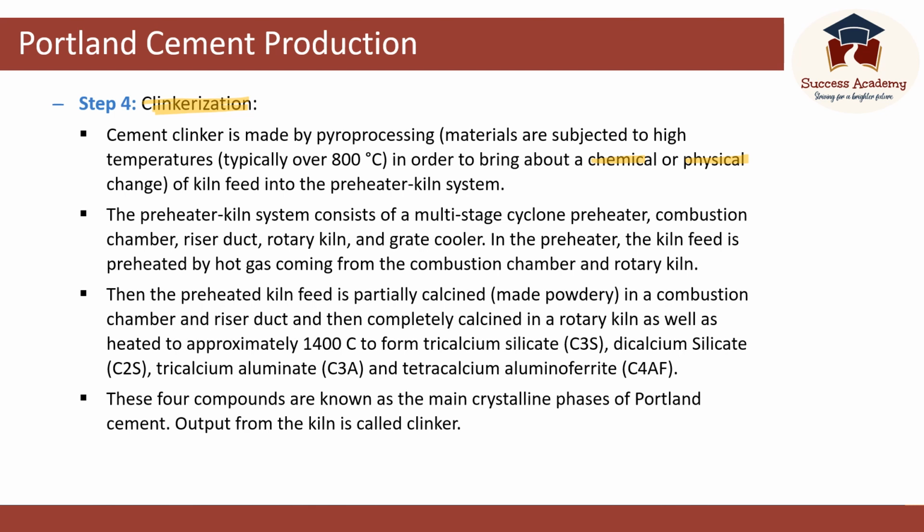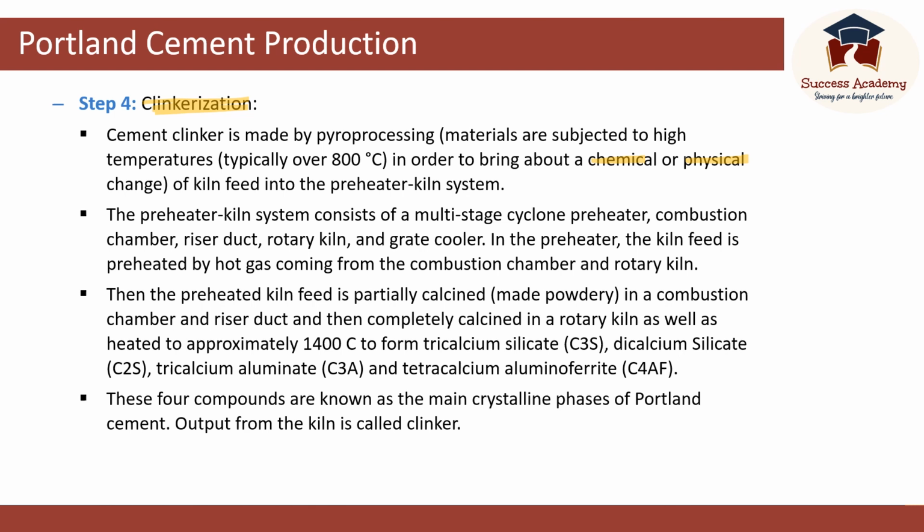In the preheater, the kiln feed is preheated by hot gas coming from the combustion chamber and the rotary kiln. Then the preheated kiln feed is partially calcinated in a combustion chamber and riser duct, and then completely calcinated in a rotary kiln. During this process, clinker is produced.